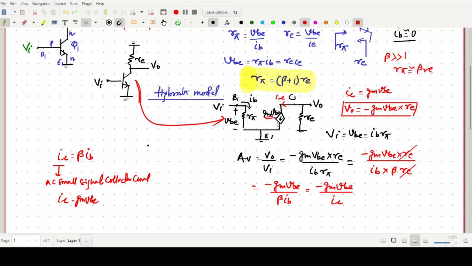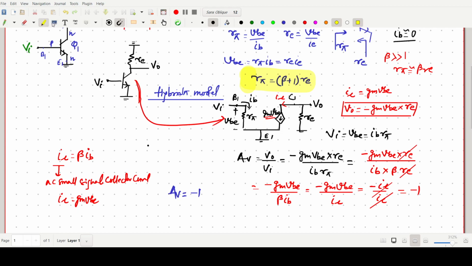I have already derived everything in my earlier video lecture, so you can go through that. Then it is nothing but simply minus IC by IC, so this IC will cancel out. So the AV value is simply minus 1.